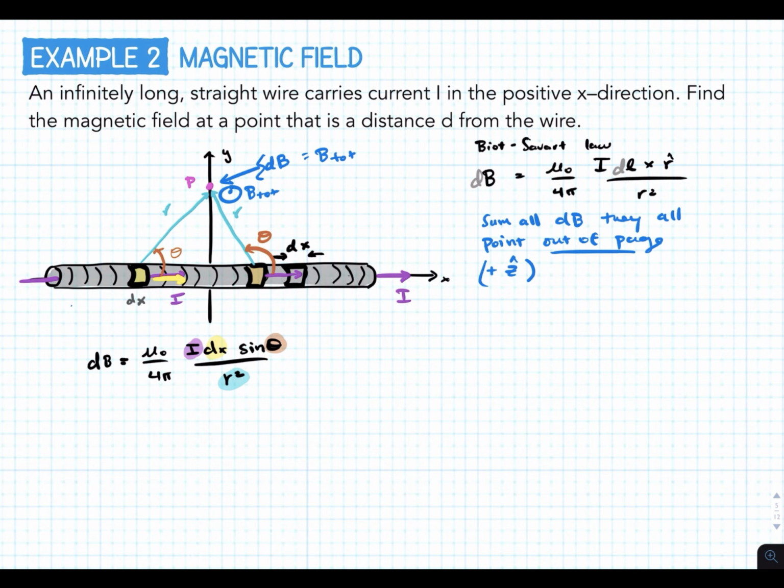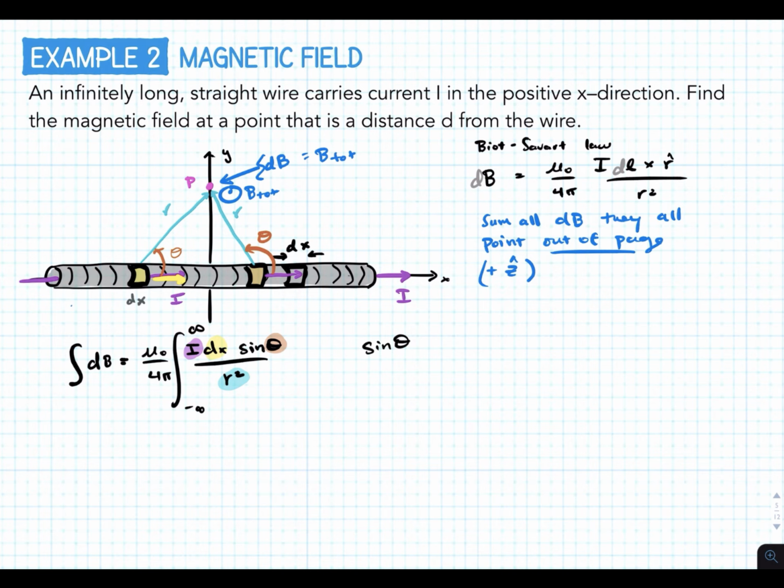So this is just the magnitude, and in order to get what we need, we have to integrate this from negative infinity to infinity. But going over here, we know what I is. We're given I. Dx is just dx in this case, but we do have to worry about sine of theta.